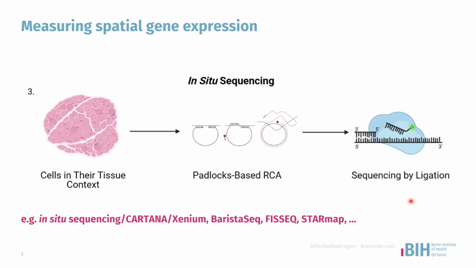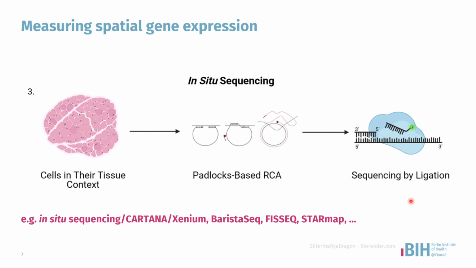Another upcoming technology is in situ sequencing. So this was developed from the lab of Mats Nilsson. And compared to in situ hybridization, in situ sequencing methods determine transcripts by in situ sequencing by ligation or synthesis. A lot of these technologies are based on padlock probes by rolling circle amplification, which amplifies the target molecules in situ.